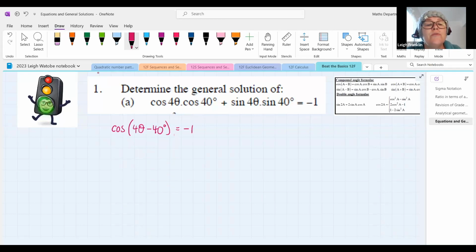equal to -1. All right, so once we've got to the stage where either the cos, the sine, or the tan of an angle is equal to a ratio, what is the next thing that we need to do when we are working with general solutions? What's our next step, Matrix? What do we have to get?